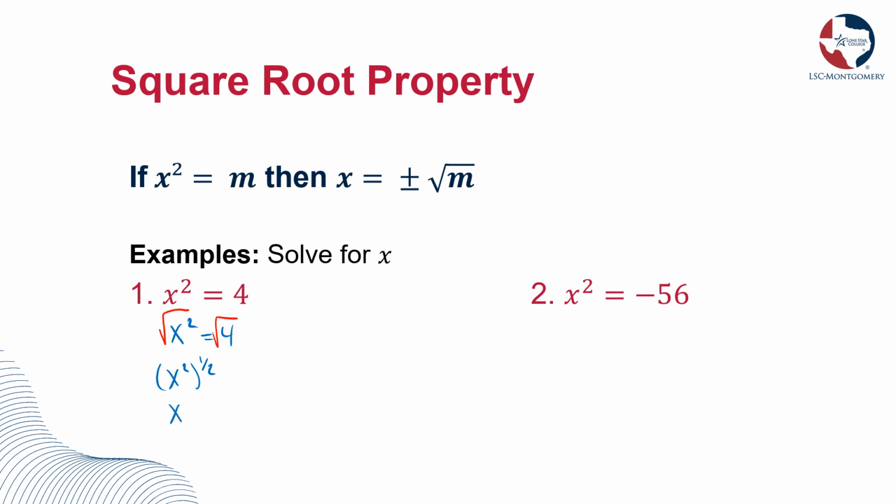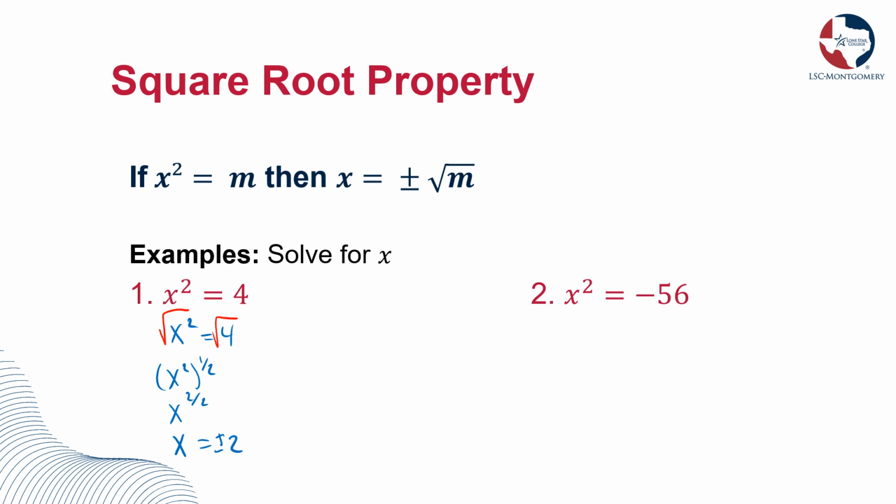So this becomes x to the 2 over 2, but 2 over 2 is just 1. So we get just x on the left side. Now on the right side, the square root of 4 is just 2. But it has to be plus or minus 2, because think about it, 2 times 2 gets us 4, but also negative 2 times negative 2 will get you 4.